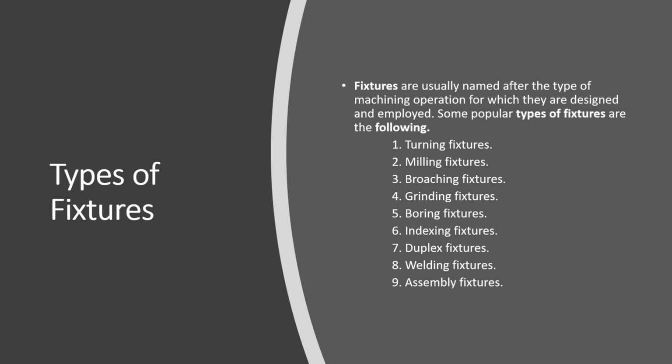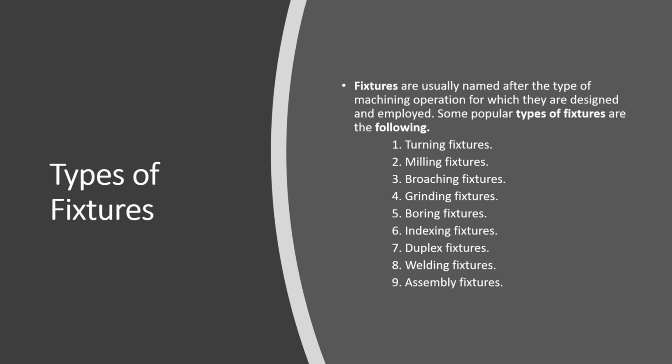Next are the types of fixtures. There are various types of fixtures which can be classified in different ways. Sometimes they are classified by the type of instruments or the types of locating and clamping devices used.